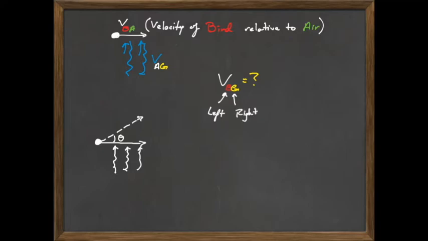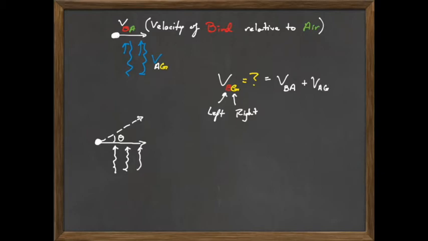So if we're trying to get V with B to G, so from left to right, the B should be on the left side. So in other words, I can write this as VB to the air. And then I'm going to say plus velocity of air to ground.